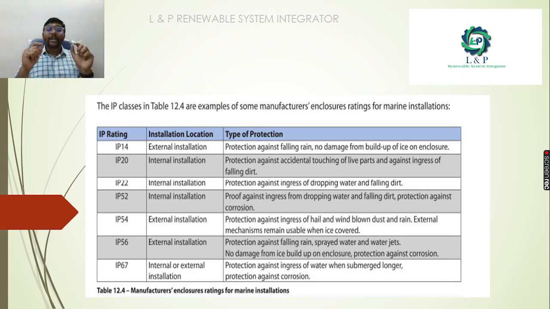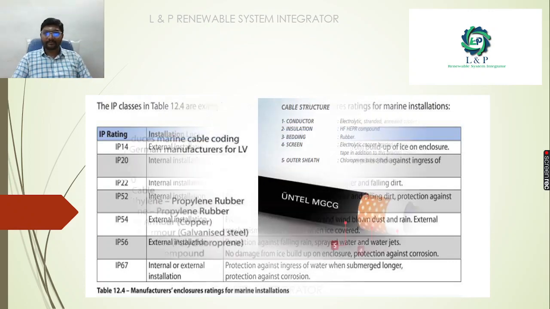But when you're going for external installation, you can use IP54, IP56. IP67 is suitable for both internal as well as external, because it has a very great protection against the ingress of water when submerged for a longer period of time. It has a very great protection against corrosion. So when you are choosing any sort of enclosure for a marine installation, you need to be pretty clear that you should have these ratings.